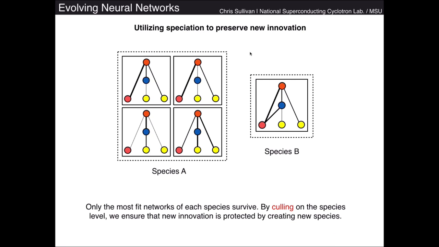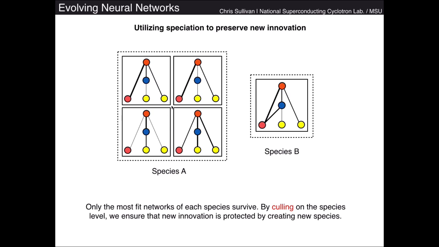Another unique aspect of NEAT is the utilization of speciation in order to preserve new structural mutations, or innovation. The idea is that if you have some set of networks that look something like this, which are all topologically identical, and then all of a sudden a new network evolves which looks something like this, this extra connection that's been evolved in this network initially is not going to be well optimized.